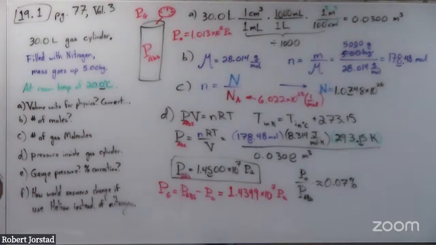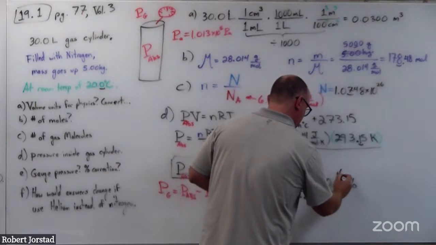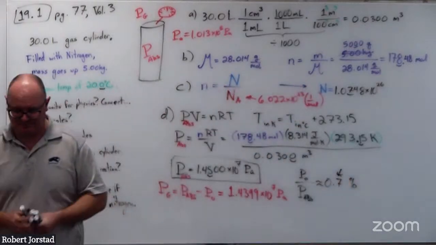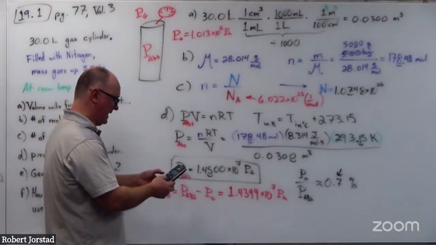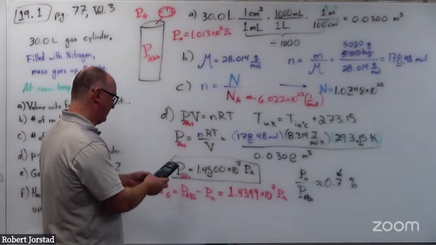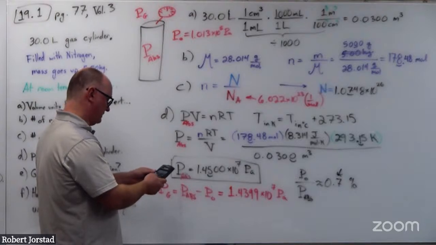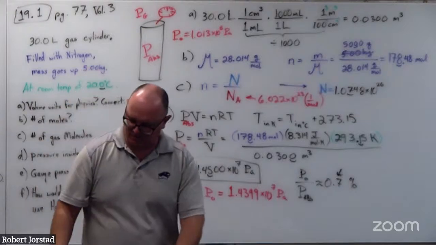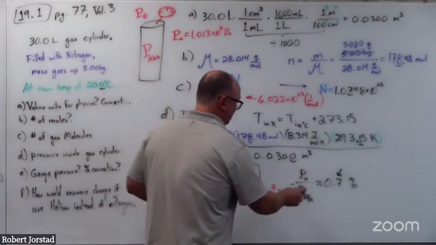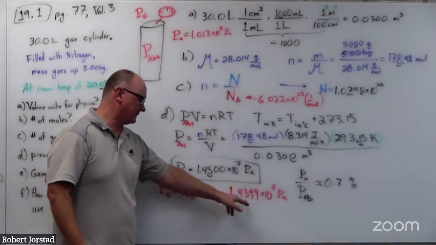I'll check this number. Should be a little bit less, all right, I'll check it right now. Atmospheric 1.013 EE5 divided by 1.45 E7. Okay, and then times by 100 to get to a percent. 0.7. So it's about 0.7%. 1 out of 100 is 1%, so 1 out of 150 is a little less than 1%.